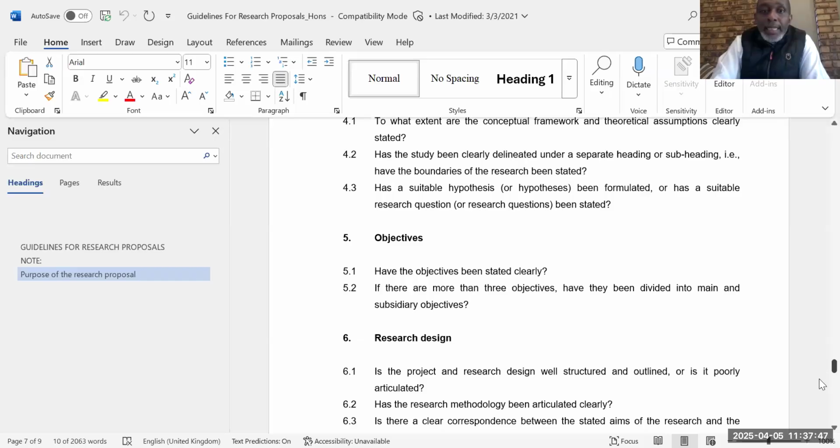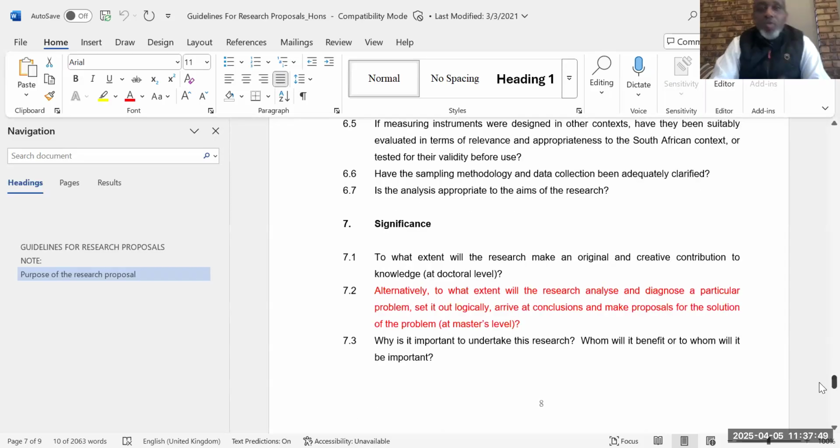Then in terms of your significance, what we'll look at is to what extent will you make an original contribution? At a doctoral level, we want to make an original contribution. The questions you're going to answer, how are you going to answer them? Has it been answered before in a different way?